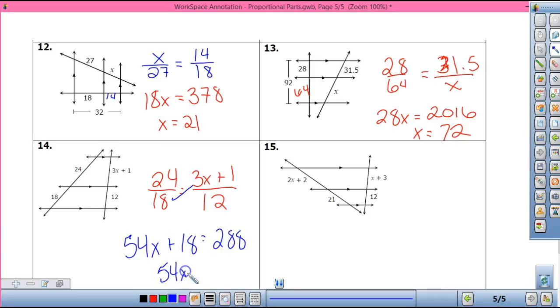So 54x equals 270. Right? 288 minus 18. X equals 5. All right, are we good? Yeah. Are you positive? You know how to set these up. All right.